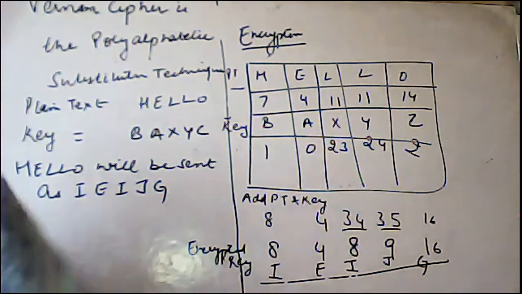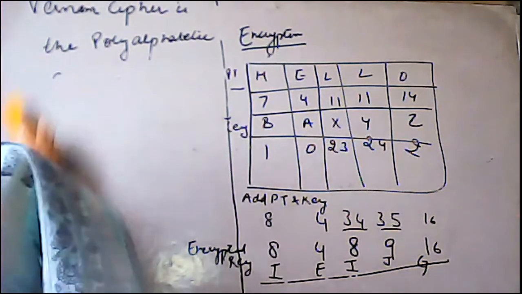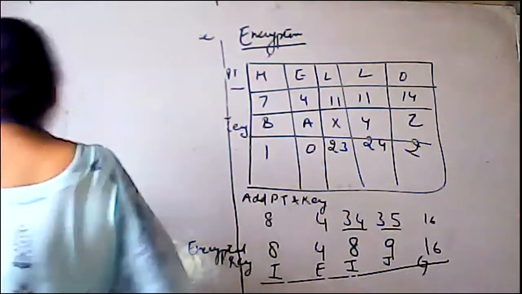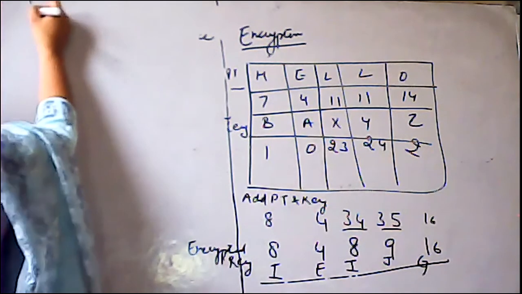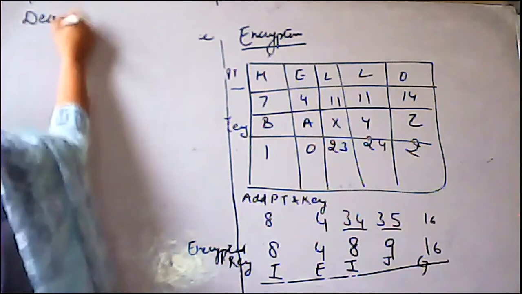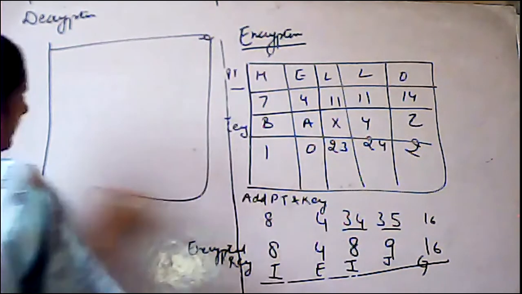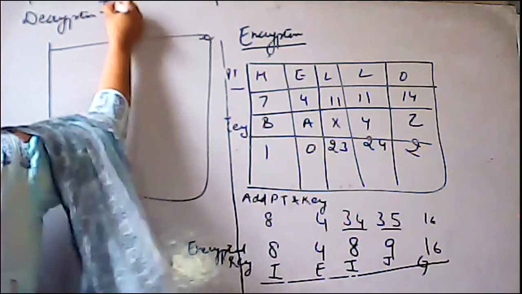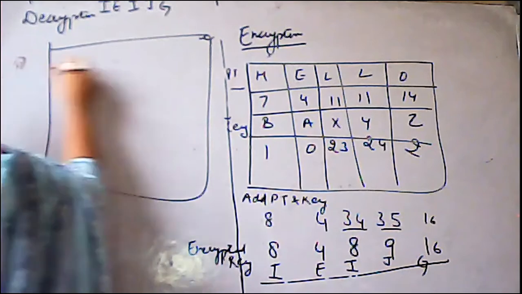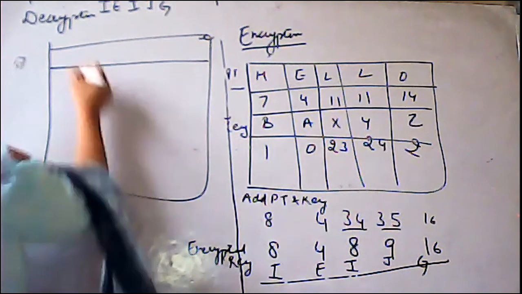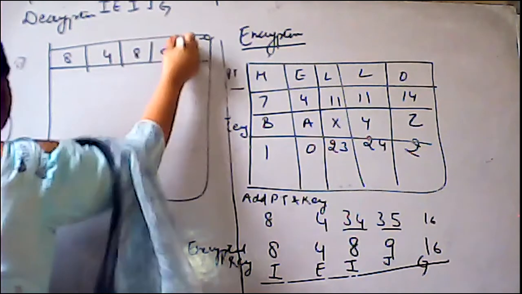Okay. So now how to get the decryption part? Suppose you have received this encrypted text: I, E, I, J, G. So the decoded values for it will be 8, 4, 8, 9, and 16.